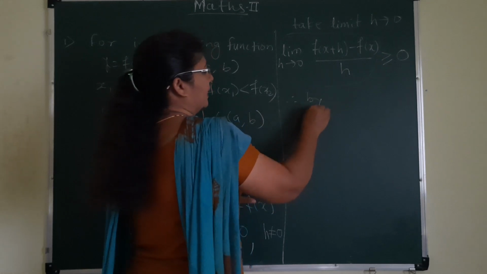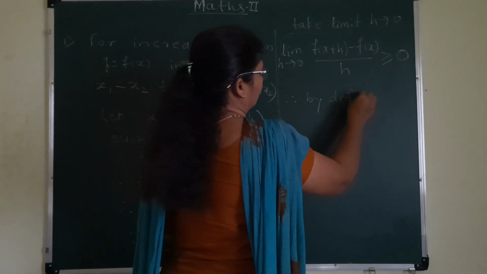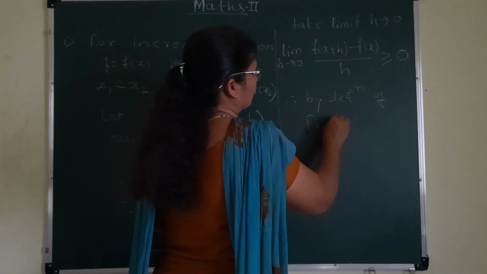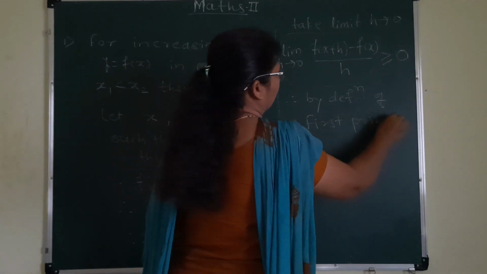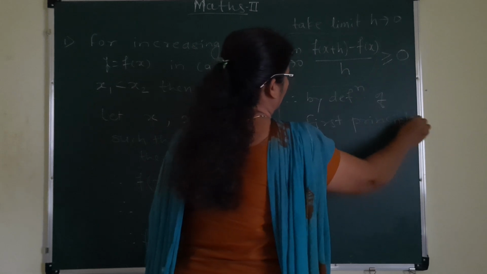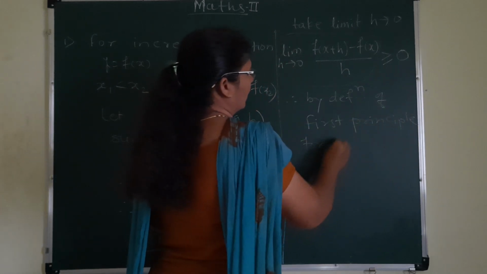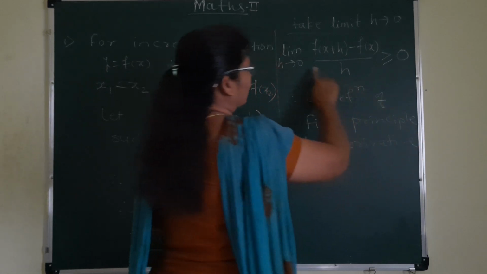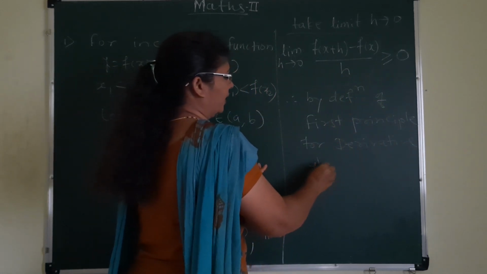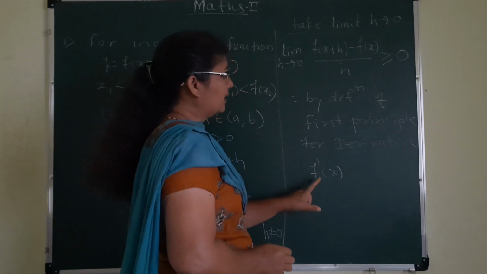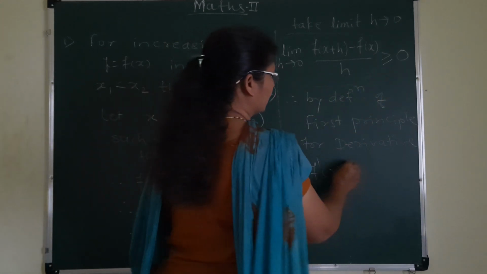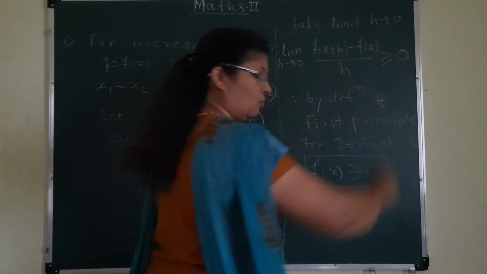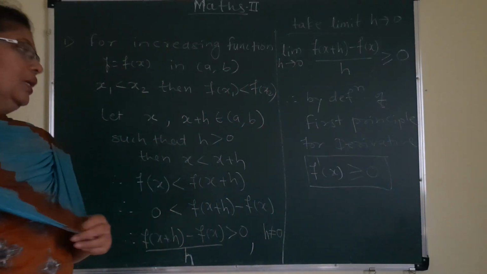Therefore, by definition of first principle for derivative, this is nothing but f dash of x, and this f dash of x is greater than or equal to 0. This is the condition for the function to be increasing.